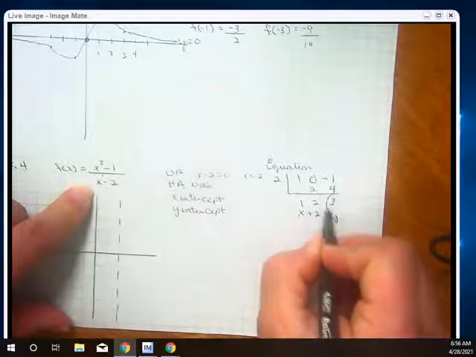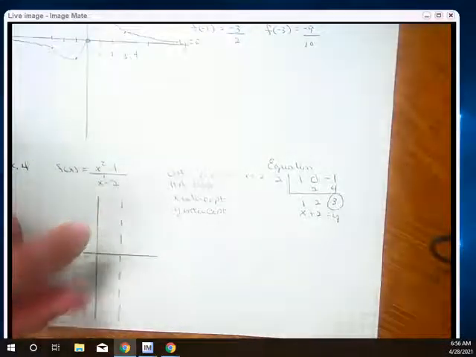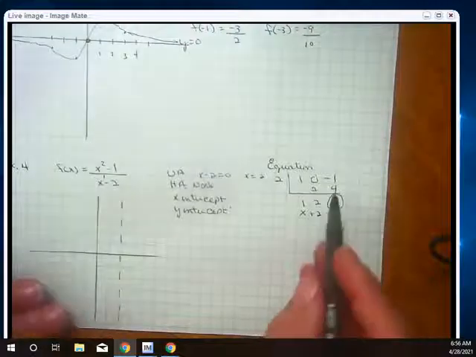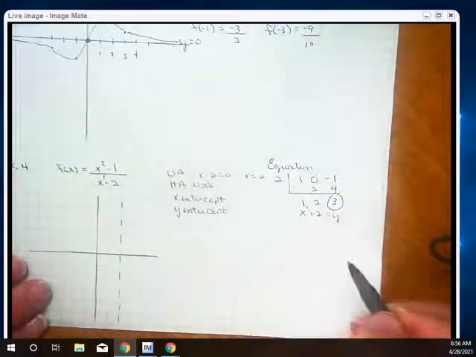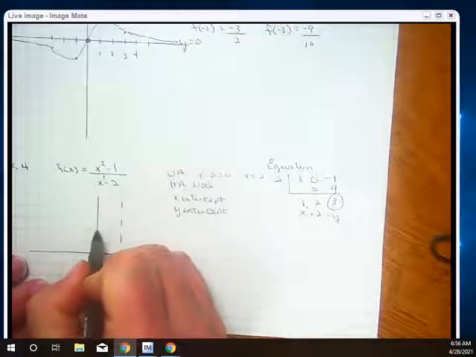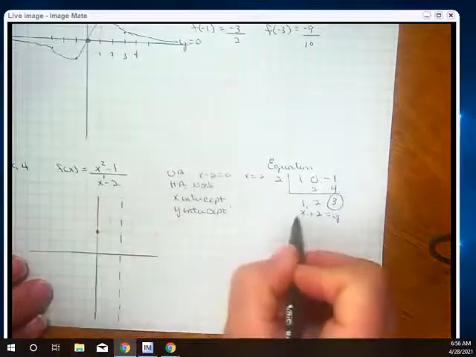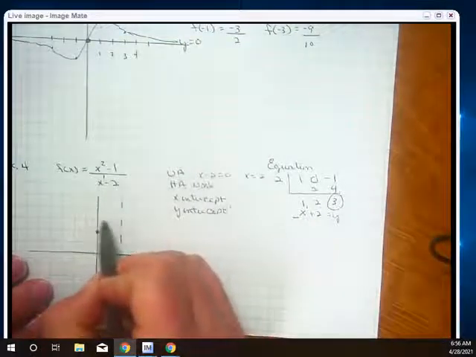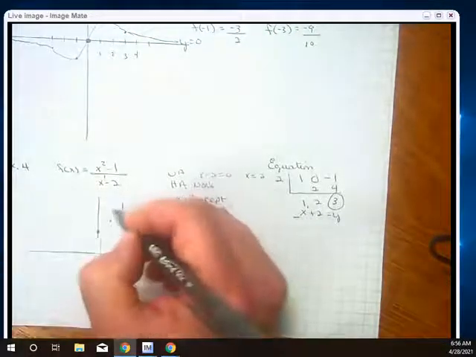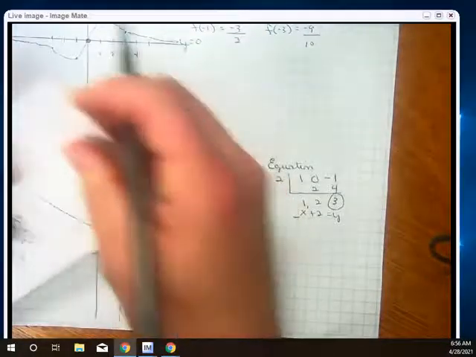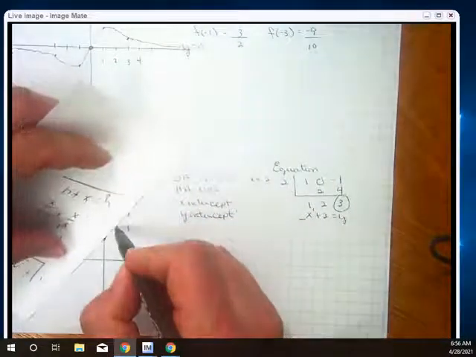The remainder is minuscule. We're not going to worry about that remainder. But this is an equation y equals mx plus b. We're going to start at our y-intercept at 0, 2. Our slope is the number in front of the x, 1. We go up 1, right 1, up 1, right 1, and we're going to connect our dots.